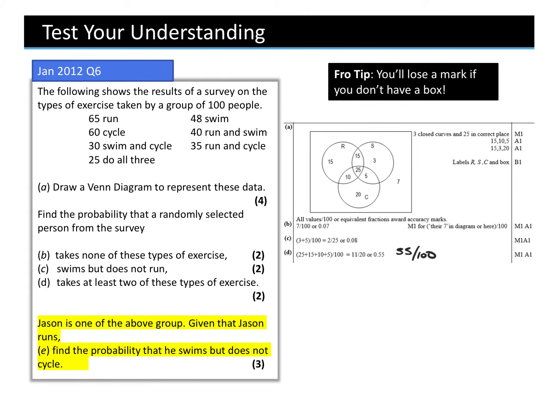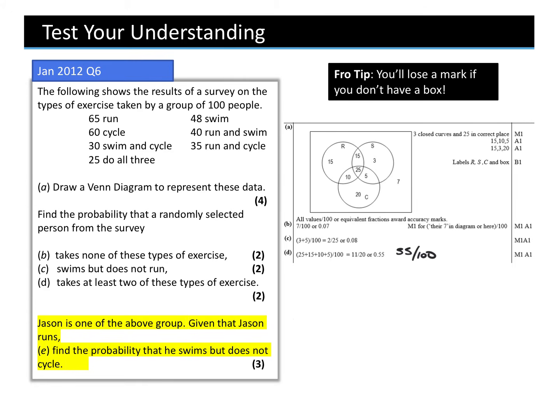Okay, then the last one says, Jason is one of the members from the above group. Given that Jason runs, find the probability that he swims but does not cycle. I'm going to give you another minute to have a conversation. Really think about this and actually take an educated guess of a probability. Off you go.